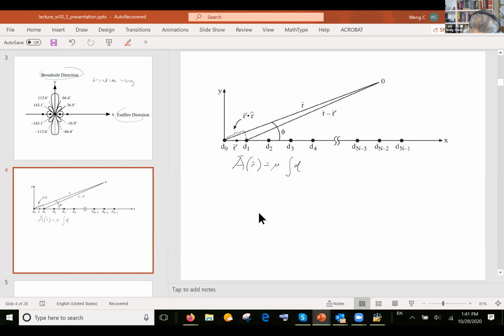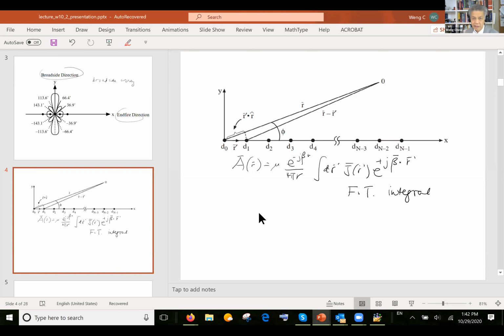Okay, let me rewrite this. This integral that we have would give me a spherical wave on the outside, and then an integral, something like this, okay? So this is just a Fourier transform integral, FT integral.